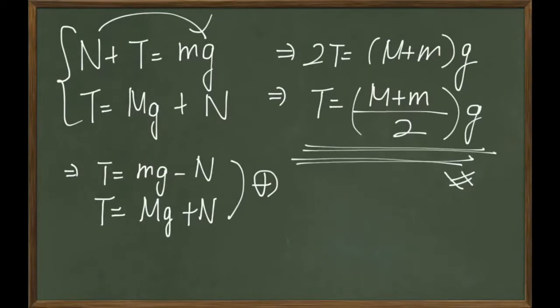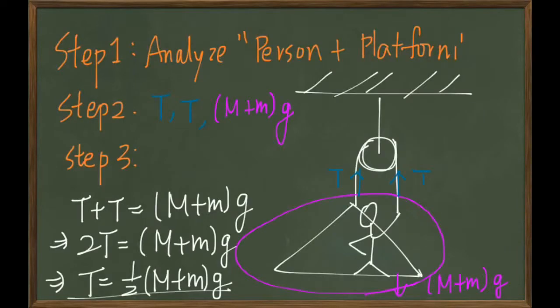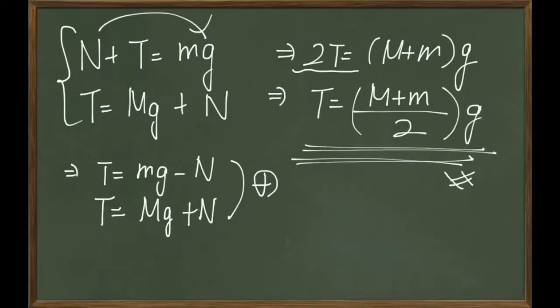So to sum it up, in the first method, we listed 2 equations. In the second method, we listed only 1 equation. And if you look at them carefully, they are the same equation. So this equation right here, I'm going to underline it, is the same one you get right here.